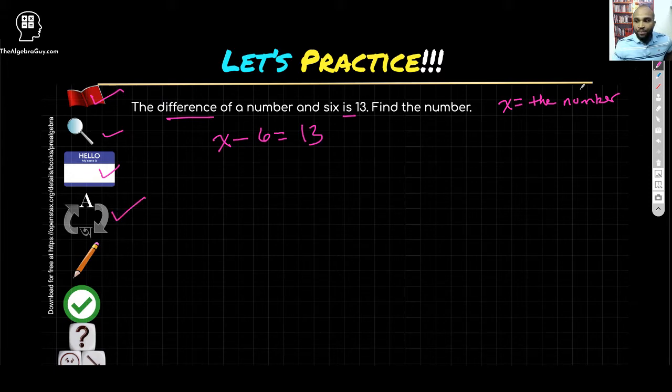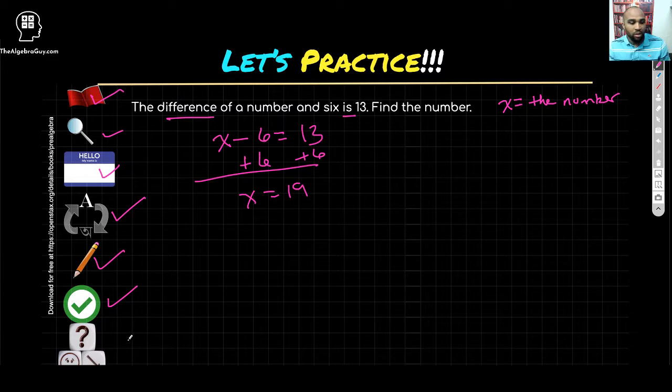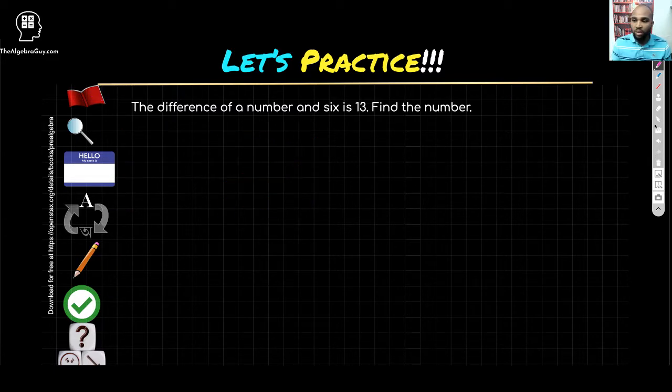Now let's solve it. I'm going to add 6 on both sides. X equals 19. Solved it, checked it. Looking at this equation, that makes a lot of sense because 19 minus 6 is 13. And find the number. That's the number. I can't answer that question any better.